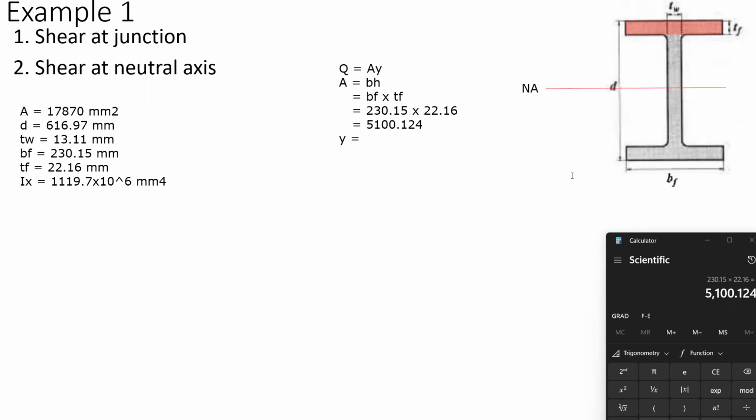So to get it, the first thing we need to do is get this height.